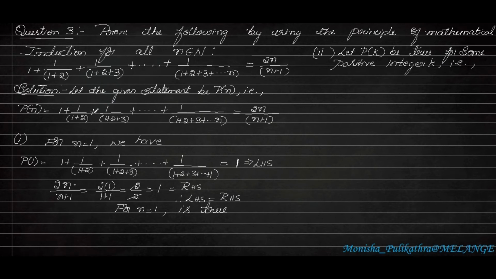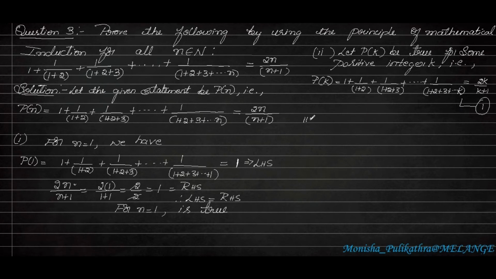Wherever n is there in the question, we have to change it to k. So the question will become P of k is equal to 1 plus 1 by 1 plus 2 plus 1 by 1 plus 2 plus 3 plus etc. plus 1 by 1 plus 2 plus 3 plus etc. up to k, which is equal to 2k by k plus 1. So this whole equation will become equal to 2k by k plus 1. Let this be equation number 1.